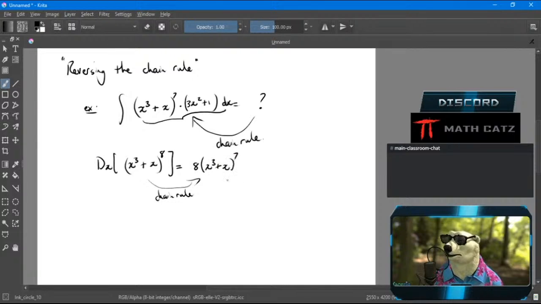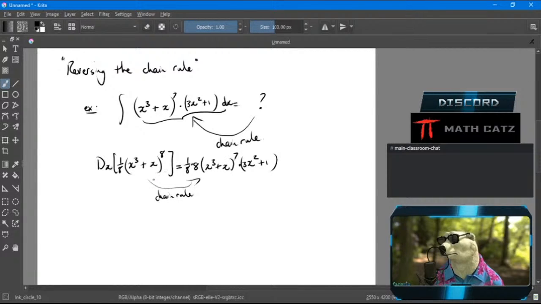Second part is the derivative of the inside function, 3x squared plus 1. I see the key pieces there. I just need to check my number in front, just like the usual correction of the power rule in reverse.